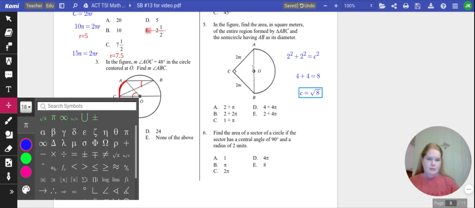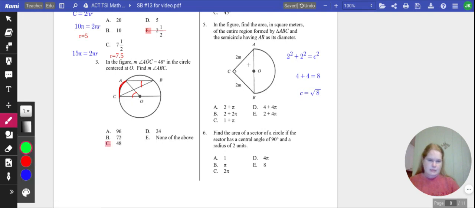That means this side here is square root of 8 long. This entire A to B, because it's the hypotenuse of the triangle. Just to let you know, A to B is square root of 8.